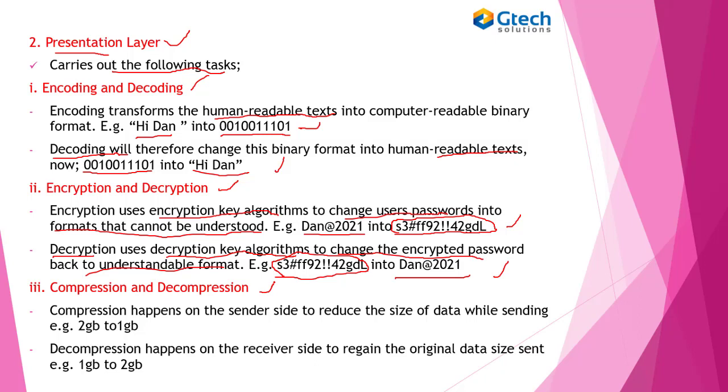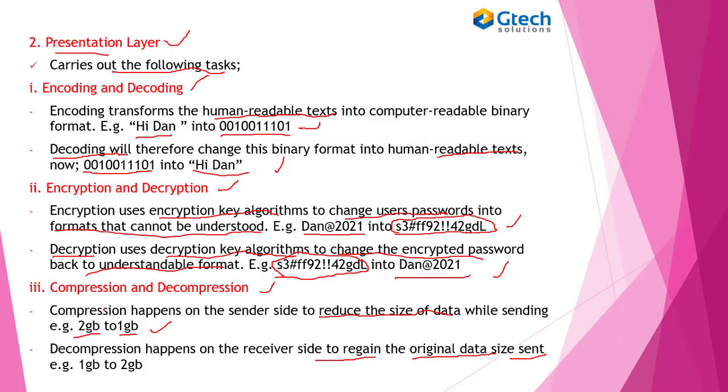Compression and decompression are the third functionality of the presentation layer. During sending, data is compressed to reduce its size. Like when your data was 2 GB, it is compressed to 1 GB while sending, at least to reduce the size. Decompression happens on the receiver side to regain the original data size that was sent.